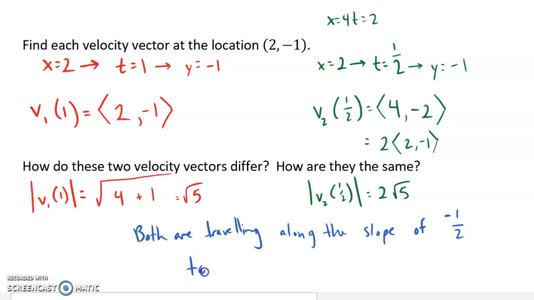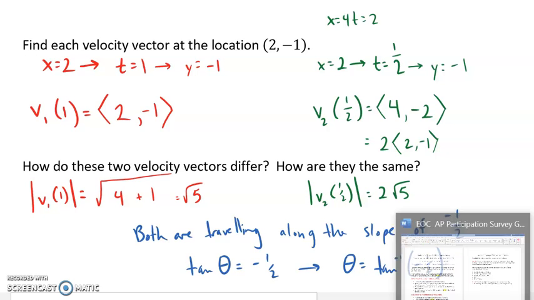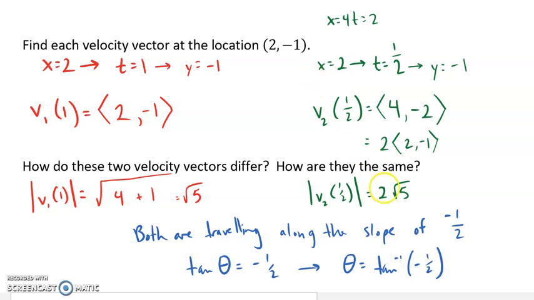And tangent of theta equals negative 1/2. So our direction is theta equals inverse tangent of negative 1/2. And if you want a decimal value of that, you put it into a calculator, because this is not a value that I personally have memorized.